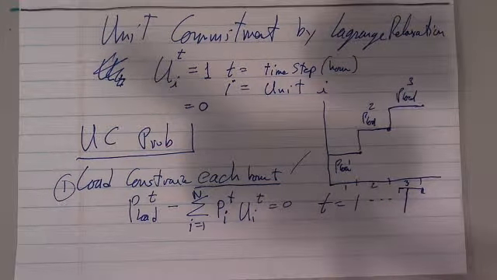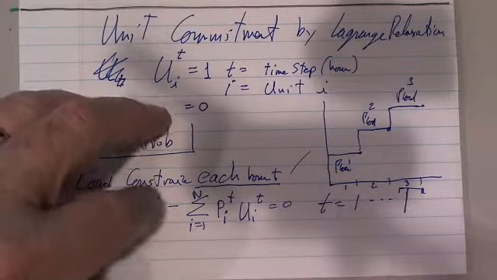So we have broken the load down into stepwise approximations, a fixed number of megawatts per hour. That's the first constraint, and we've got those 1, 0 variables in there.